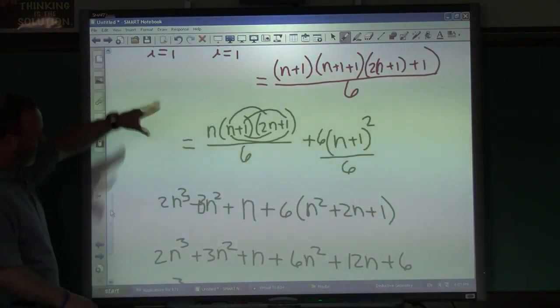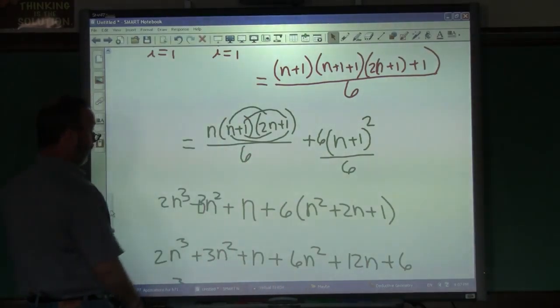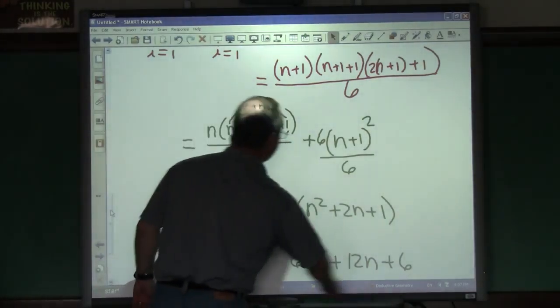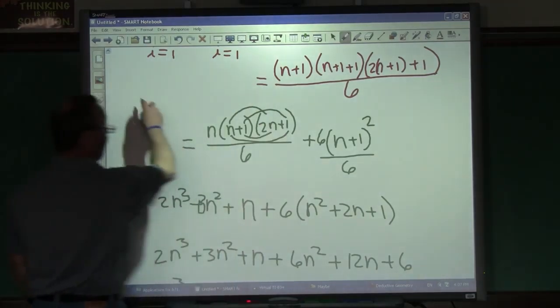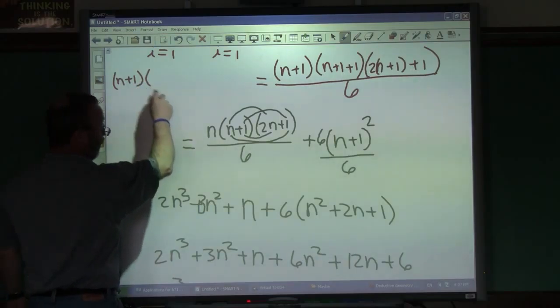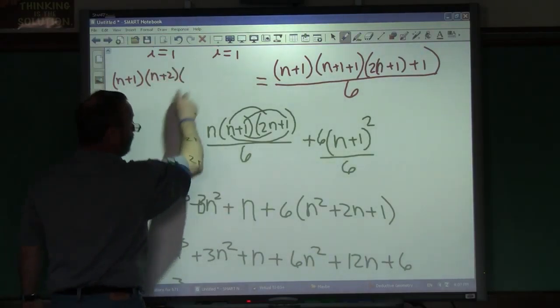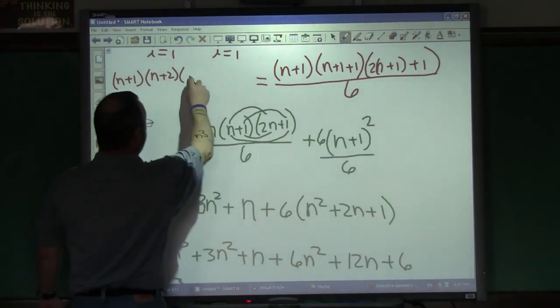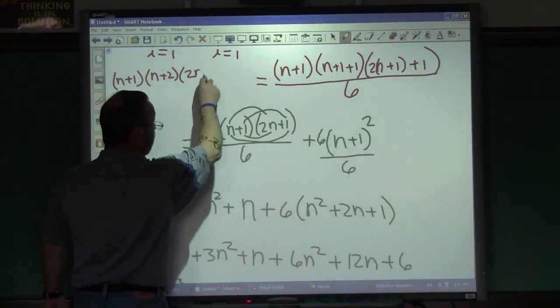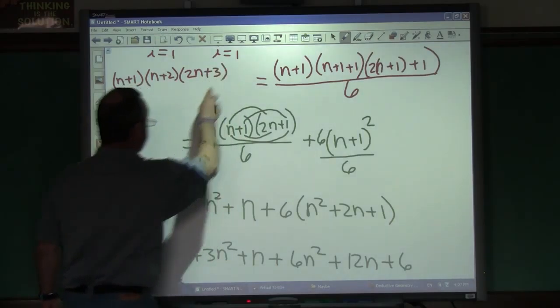Now we've got to do the red side, and we're only worrying about the numerator here. So first off, I have n plus 1 times n plus 2 times 2n plus 3.